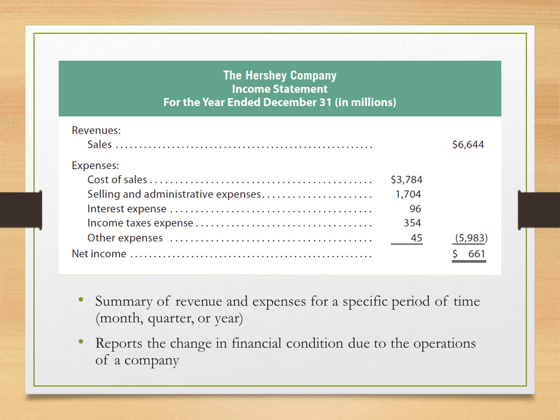You notice in accounting, we put this in parentheses, signifying this as being a negative number. We then report net income. Net income is simply revenue minus expenses. We are reporting revenue and expenses during a specific period. This specific period could be a month, a quarter, or a complete year.